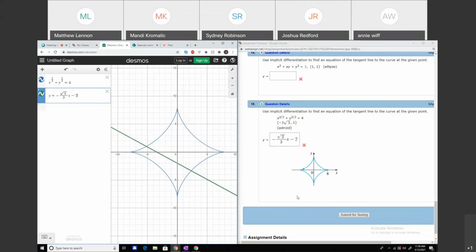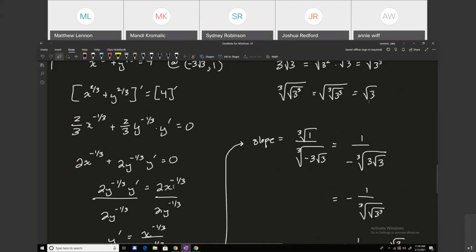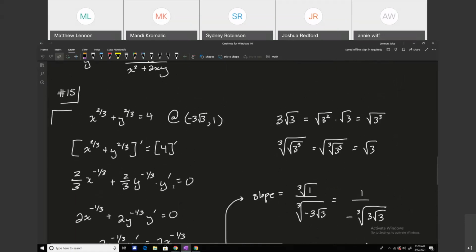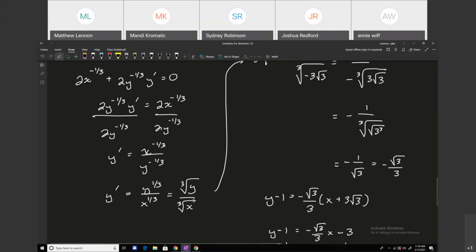We're supposed to be tangent at this little dot here, which means our slope, we would expect that to be a positive value. So why is our slope turning out negative? That's a question. Why is our slope negative? Our slope should be positive. So this over this, we have a negative x value, positive y value.